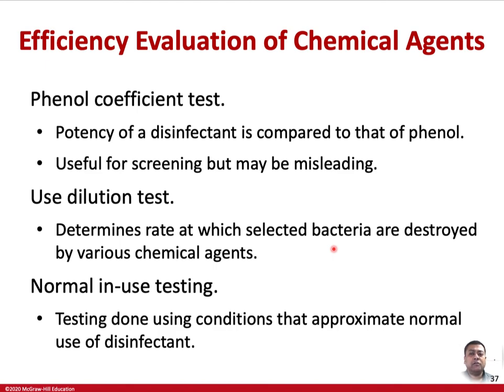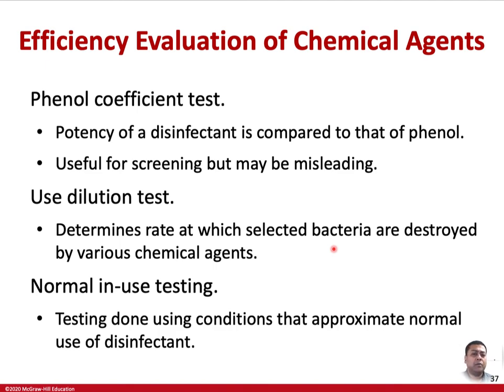From that growth, we take the highest dilution, meaning the lowest concentration of the test material, that kills the bacteria after 10 minutes of exposure but not 5 minutes. This is important. It should be in between those times, and it is used to calculate the phenol coefficient.